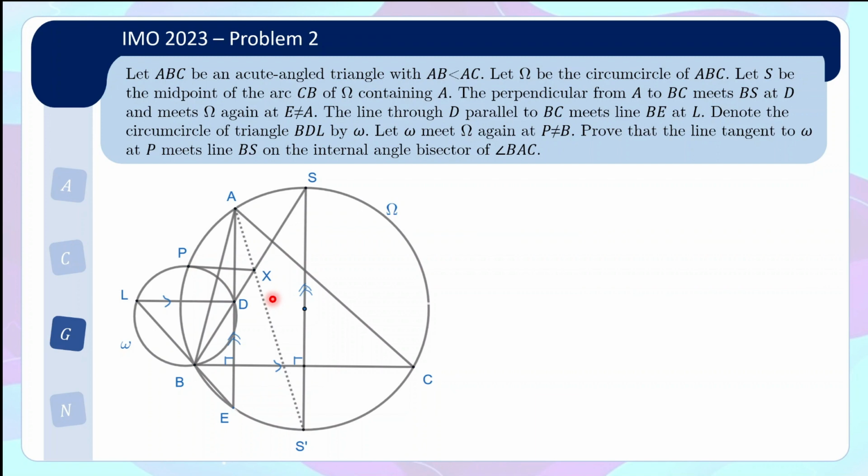Now, one thing to note is that I constructed the point S prime here, which is the diametrically opposite point from S. And in doing so, because S is the midpoint, S prime is also the midpoint of the arc BC, then in fact AS prime is the angle bisector of angle BAC. So that gives us a more concrete way to describe the angle bisector. So the question is to show that A, X and S prime are collinear, or X lies on AS prime.